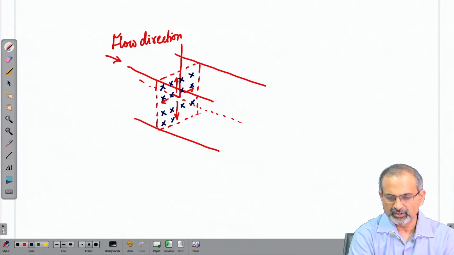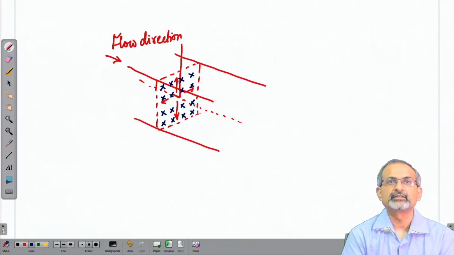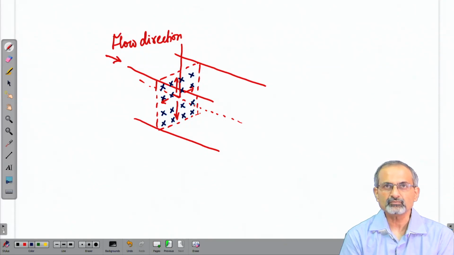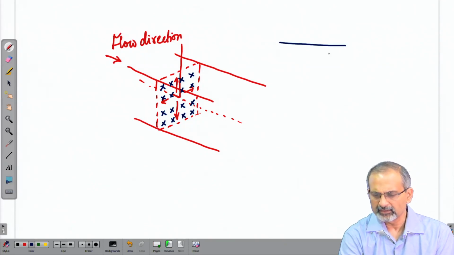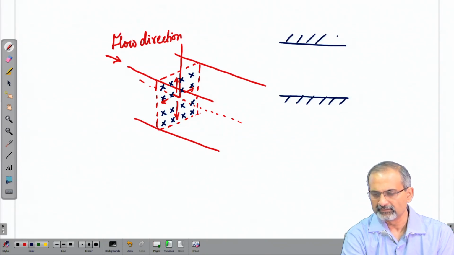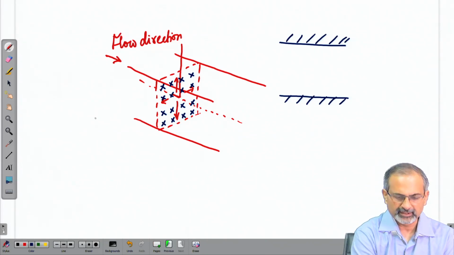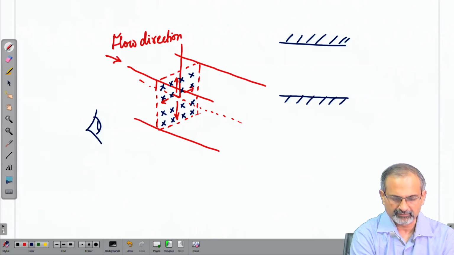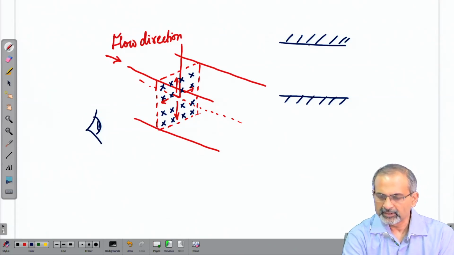And then you try to test how uniform the velocity distribution is. Another thing that one needs to test is that if this is the side view of the test section, that means if you are looking at the test section from here, then how does the velocity distribution look like?